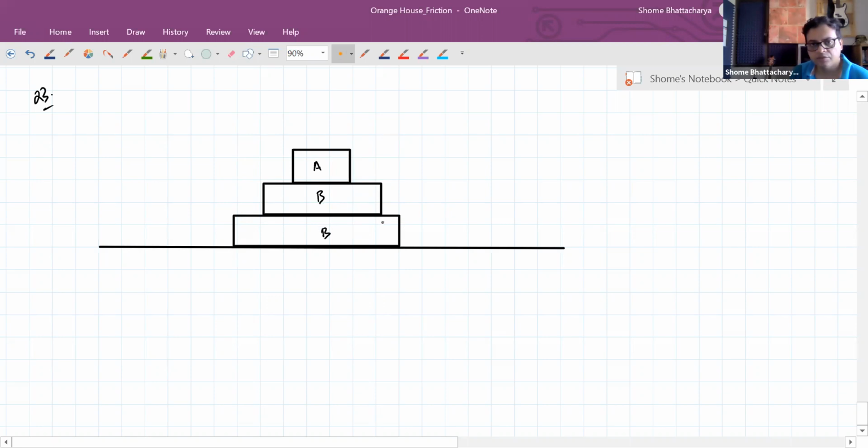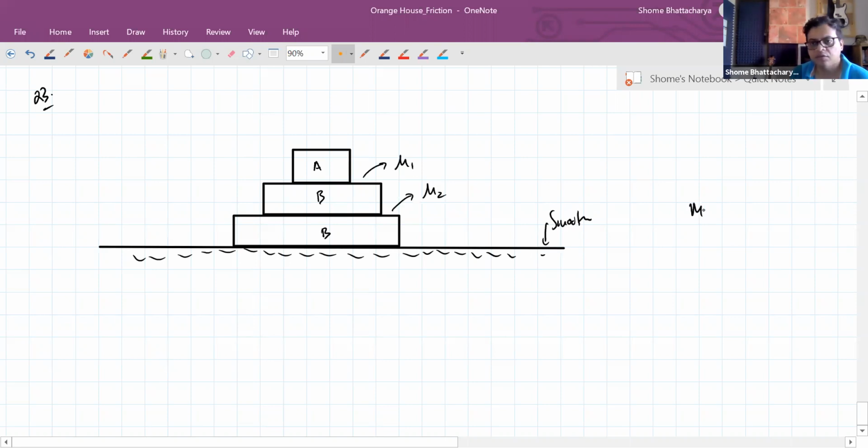So this surface is smooth, and here we have coefficient of friction mu1. Here we have coefficient of friction mu2.